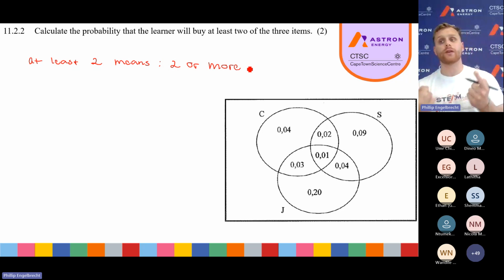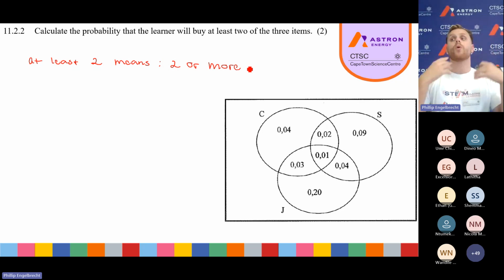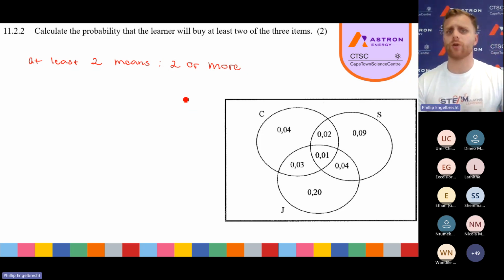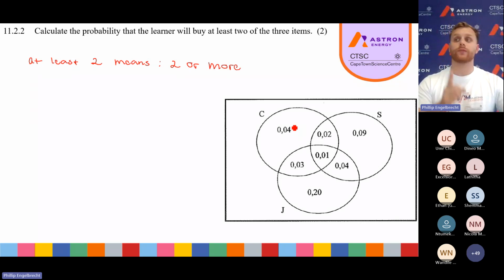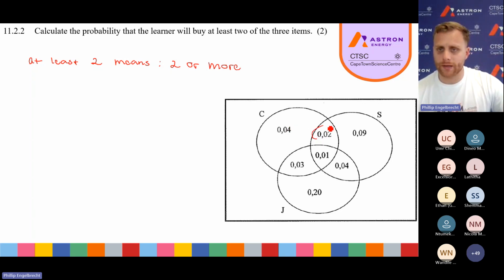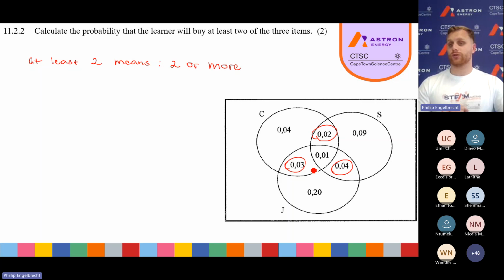If it says 2 or more, then you need to consider the parts where they bought 2 or more than 2. So, which parts of the Venn diagram did my learner buy 2 items or 3 items? Over here, my learner bought a chocolate and a sandwich. Over here, this learner bought a juice and a sandwich. And over here, the learner bought chocolate and a juice. Those are the instances where we bought only 2 items. But we wanted to know 2 or more. So where was the instance where this learner bought all 3? And that's there.